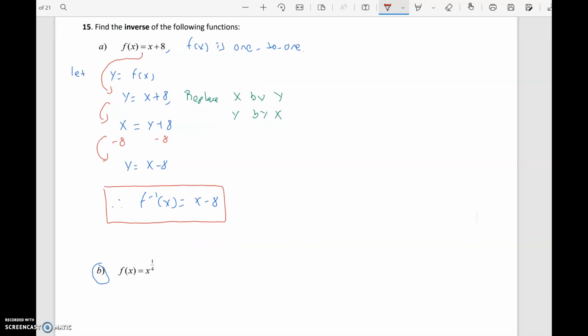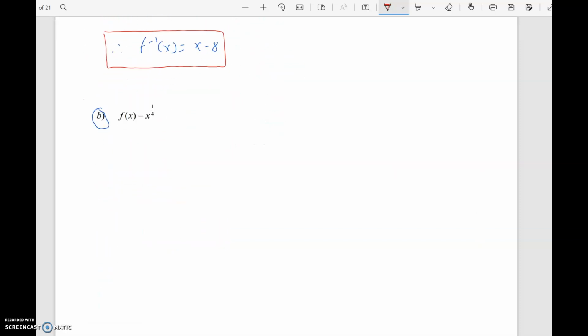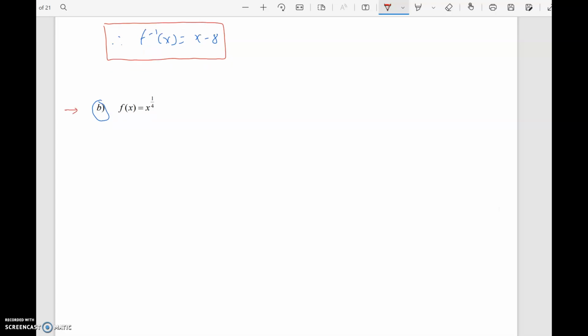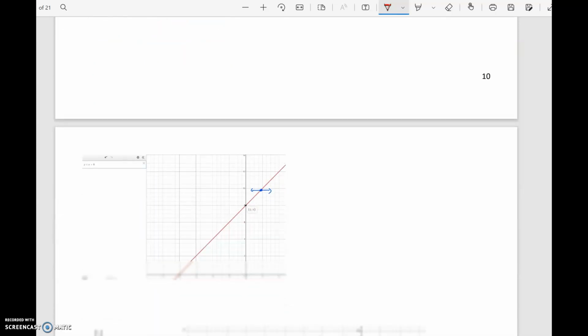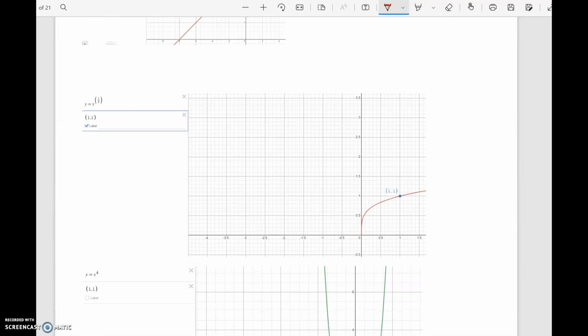Let's take a look at problem B. Now, problem B is a fourth root. And the inverse of a fourth root is x to the fourth power. And as I mentioned before, this is going to give us a problem. Now, let's take a look at the actual graphs of these two. And you notice that technically the x to the fourth is 1-to-1.